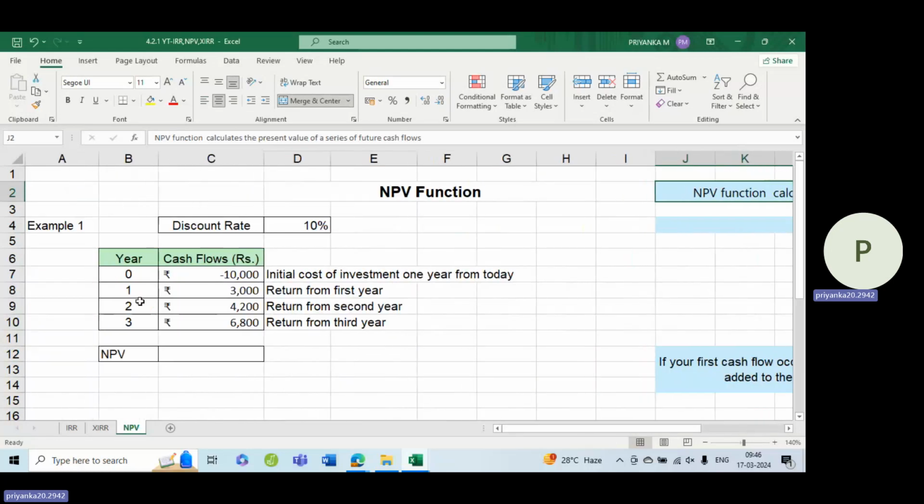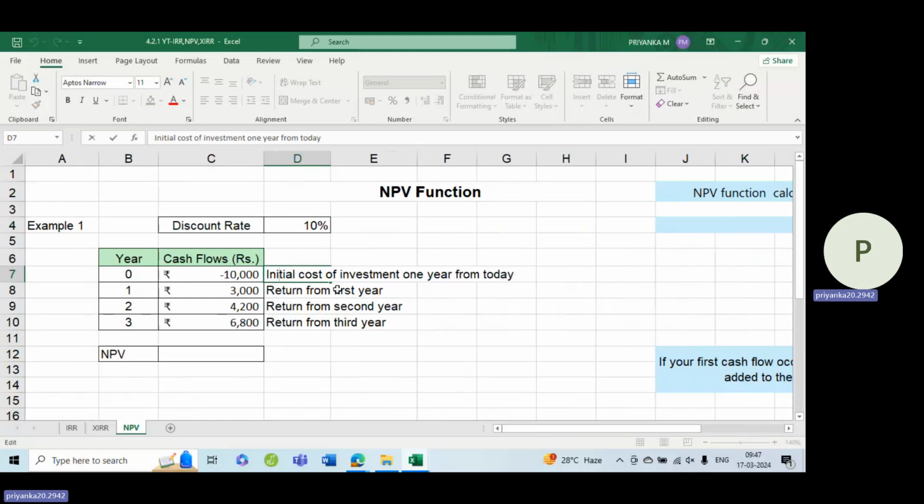Now, the simple thing is, in the NPV function you'll have a discount rate, which here has been provided as 10 percent. Again, this is my cash outflow, or initial cost of investment, and the remaining three are my returns from the first year, second year, and third year. One thing mentioned in the question is that the initial cost of investment is 1 year from today.